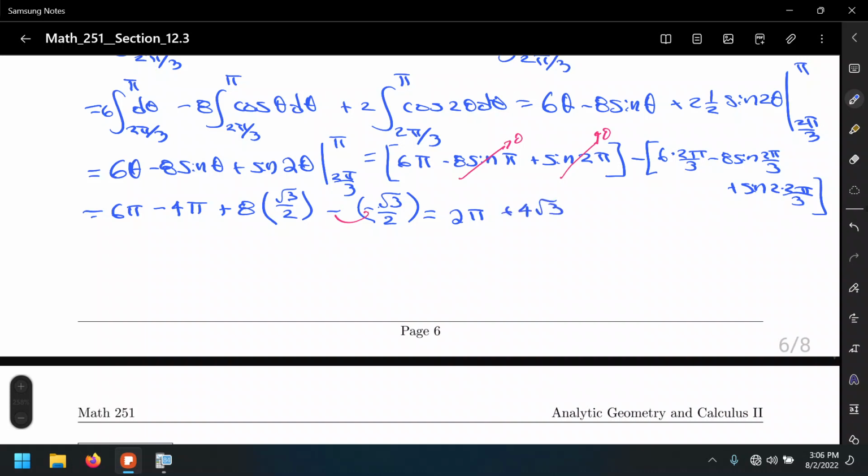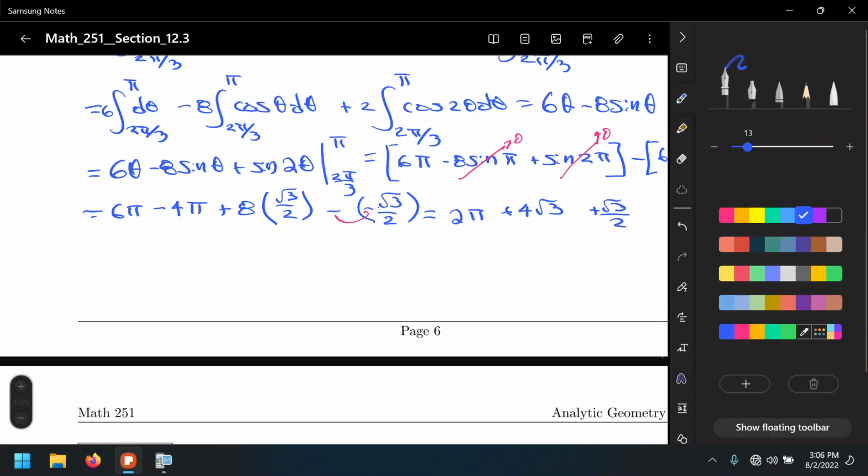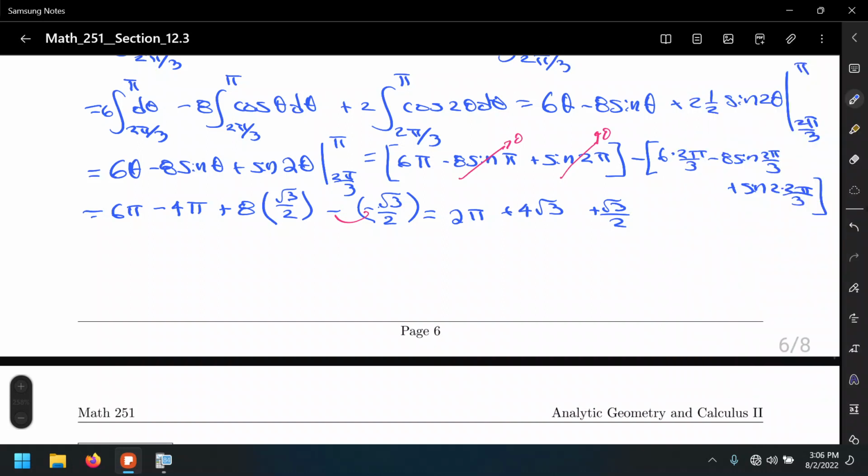And minus is plus root of 3 over 2. And let's use LCDs back again. You know what? I'm not going to reduce this, because it's easier to just go 8 halves plus 1 half. Isn't that 9 halves? Really? Alright, so that's our final answer for I2.